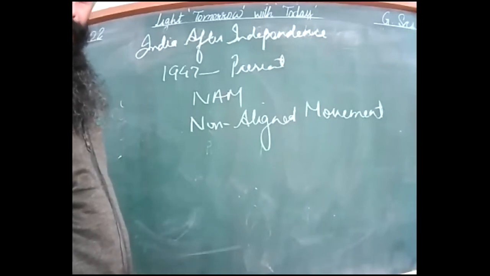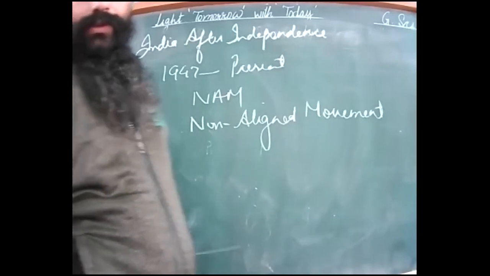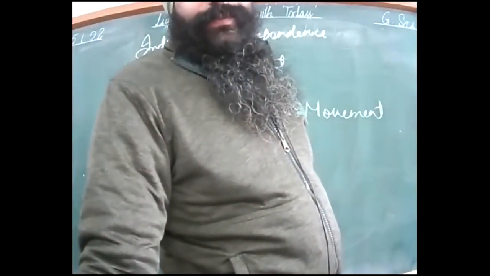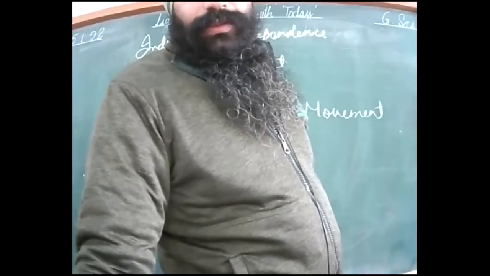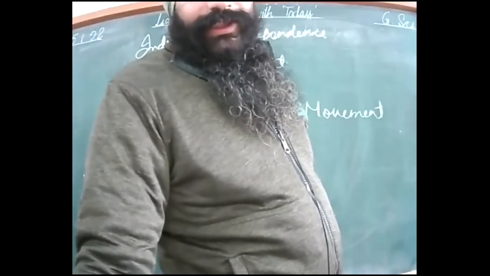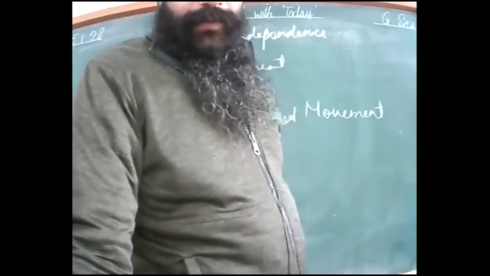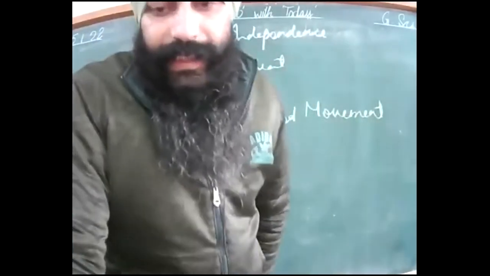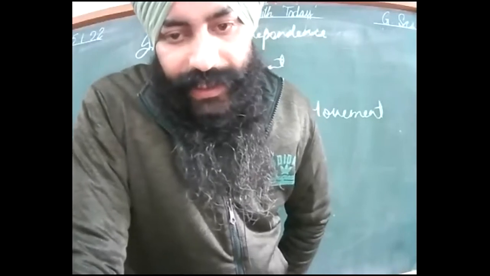In which year did the First World War finish? 1918. The Second World War began in 1939 and finished in 1945.